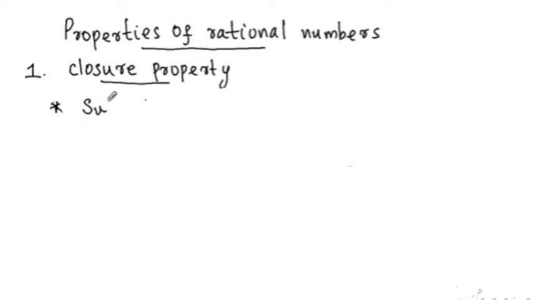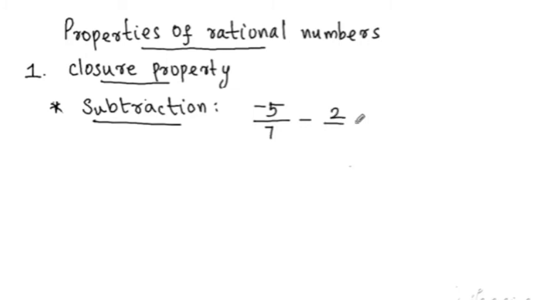Now let's look at the second operation, that is subtraction. Similarly, if you subtract two rational numbers, the solution will be a rational number. So we have to show that. For that, we can take any two rational numbers. Let's take negative 5 by 7 and 2 by 3. If you subtract, similarly cross multiply. So negative 5 times 3 is negative 15, then minus 7 times 2 is 14, divided by 7 times 3, that is 21.